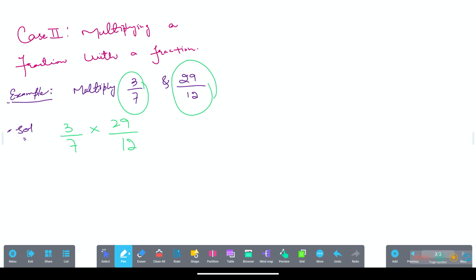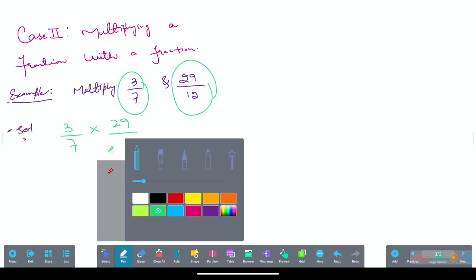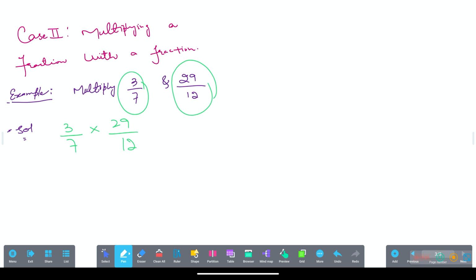Now 3 by 7 is already in lowest form, 29 by 12 is already in lowest form, you can't cancel. But now the cross cancellation. You can see here 7 and 29, 29 is not coming in the table of 7, we can't do cancellation between 7 and 29. But between 3 and 12, cancellation we can do.